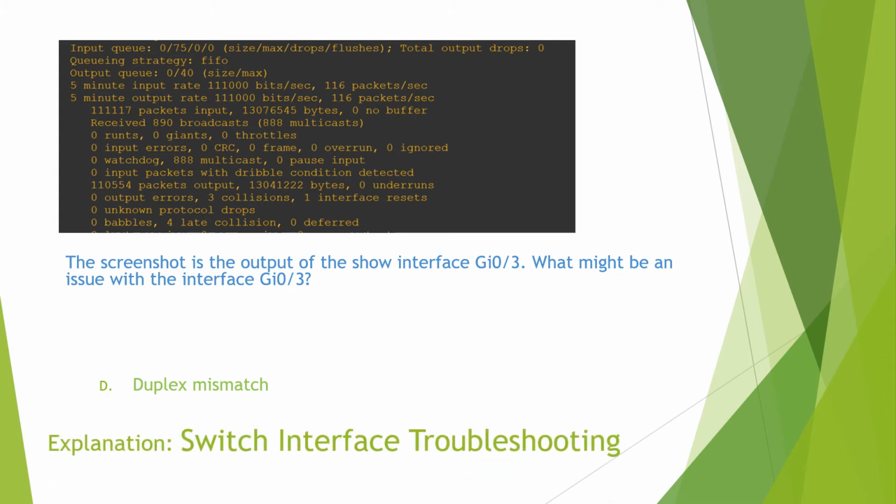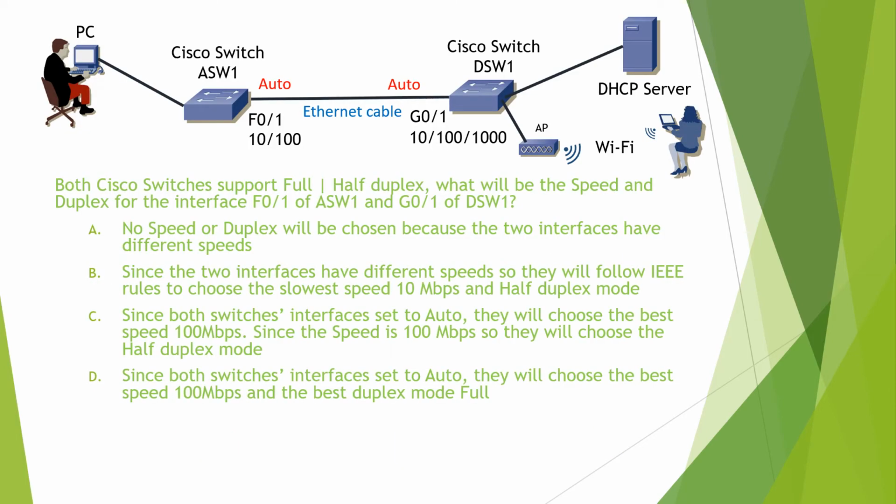Switch interface troubleshooting. The question reads: both Cisco switches support full and half duplex. What will be the speed and duplex for the interface F0/1 of ASW1 switch and G0/1 of DSW1 switch?